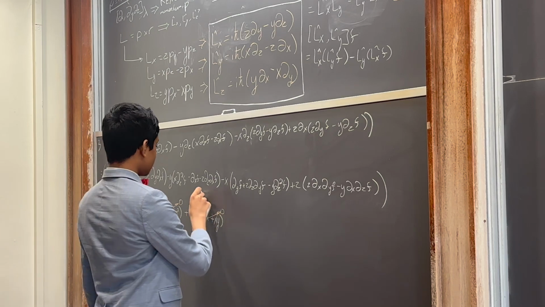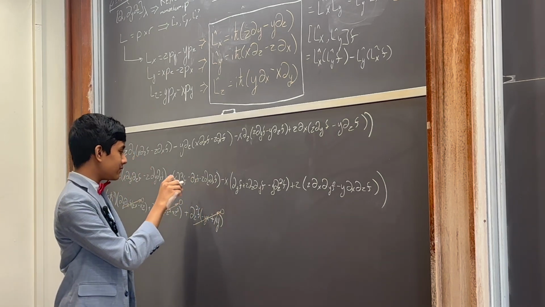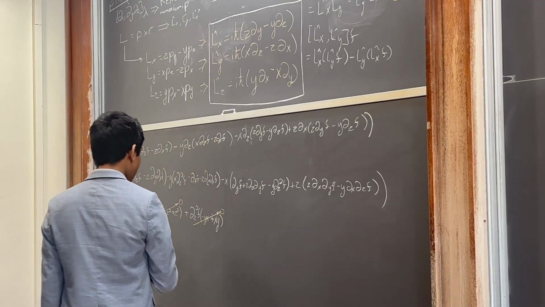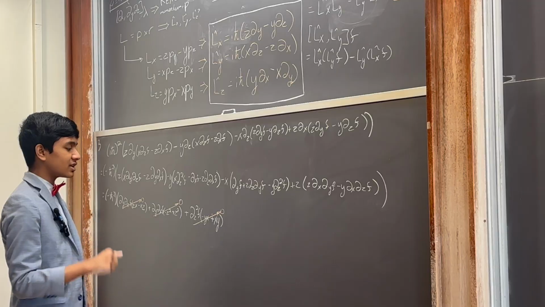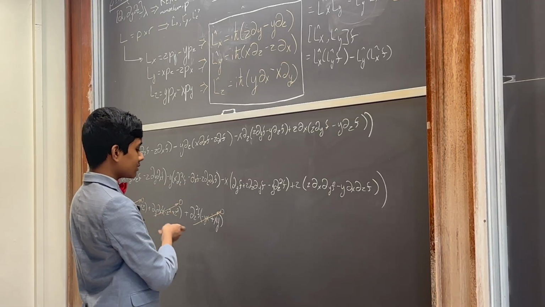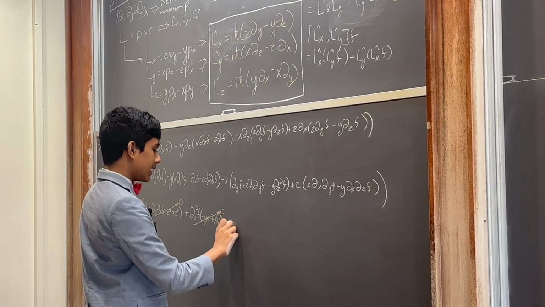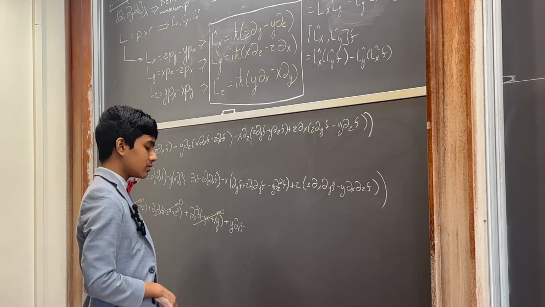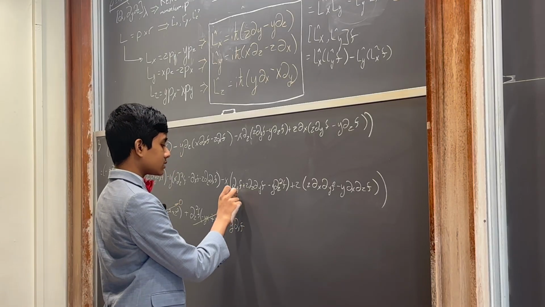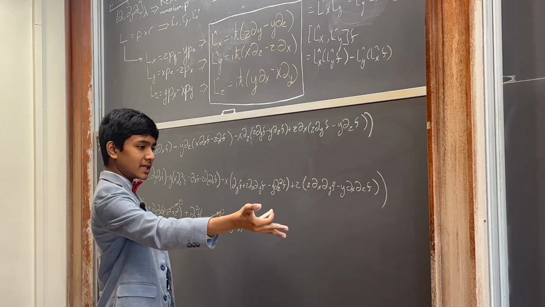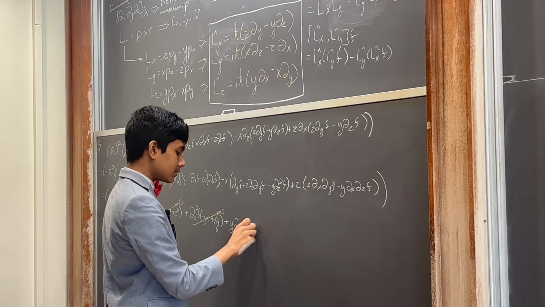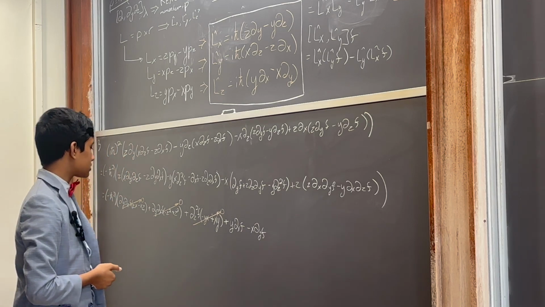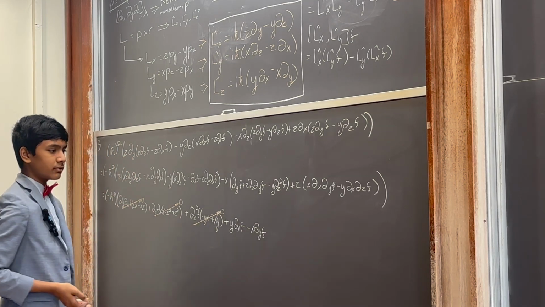Then we get a partial x f, but if you look everywhere else, it looks like there's not another partial x f, which means that this is probably standing by itself. We'll leave it be as plus y partial x f. Then we keep going. There's a partial y f, and it's also standing by itself, so we'll leave it be. Over there, you see the partial z partial y f, but we already covered our bases with that.